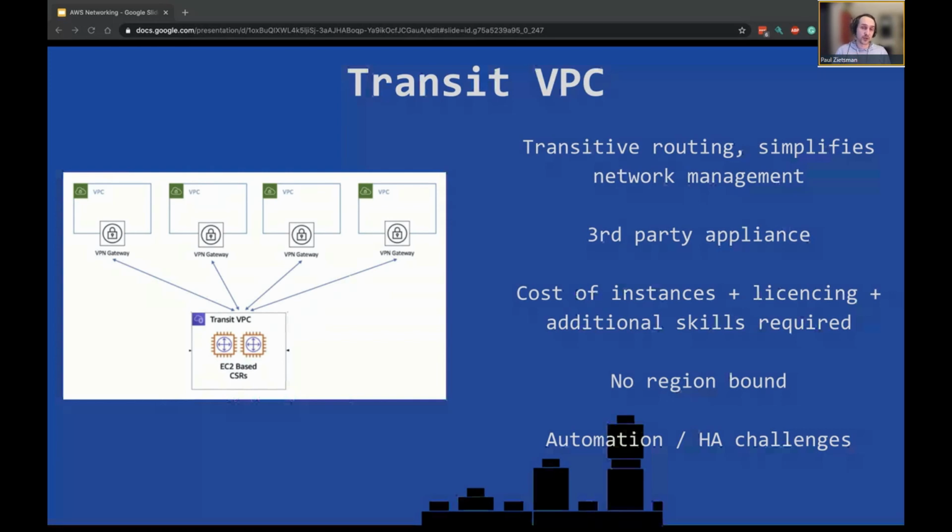A big problem with this, though, was automation. Many of these appliances weren't built to just deploy and set up automatically. The vendors, like the FortiGates, got better over time, and it became easier to automate some of the functions.